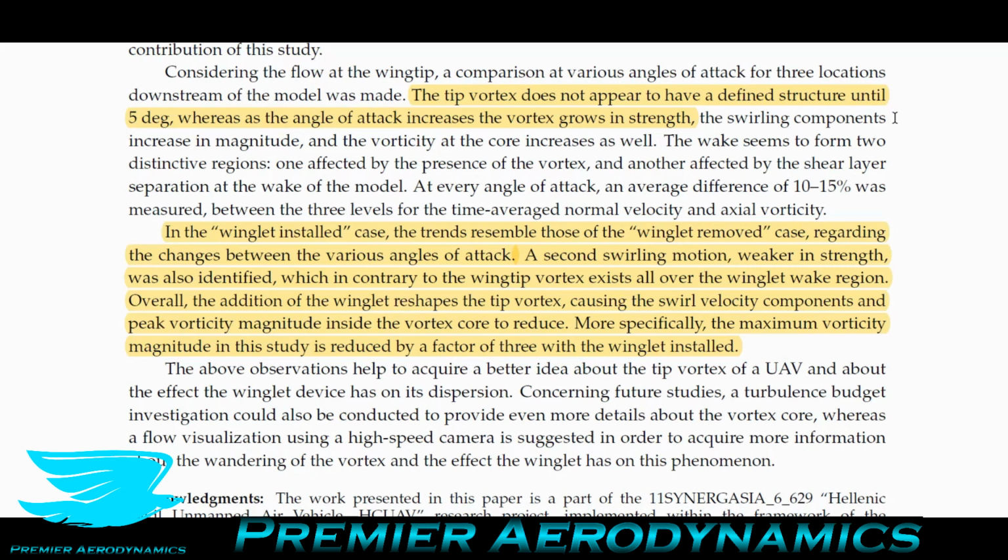It also reshapes this tip vortex into this secondary motion and causes the swirling components and peak vorticity magnitude inside the core to reduce. More specifically, the maximum vorticity magnitude in this study is reduced by a factor of 3 with the winglet installed. So that's the end of this podcast.